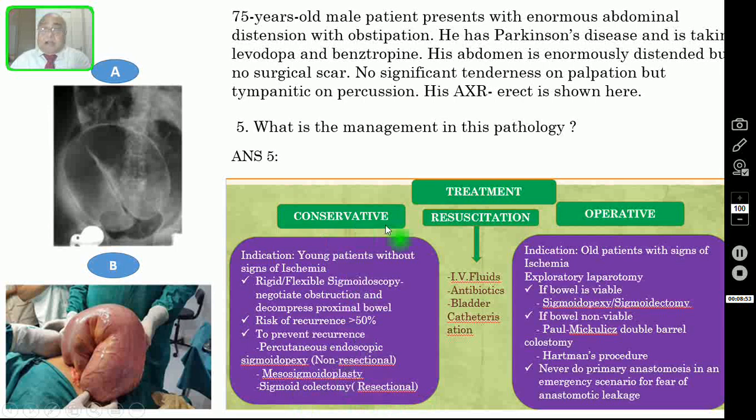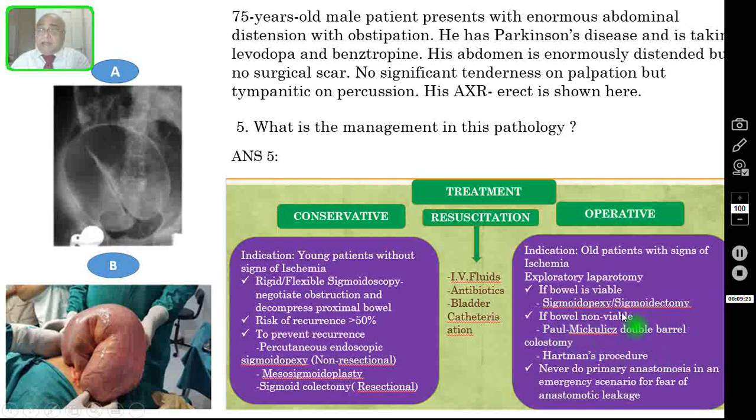Or you can do operative procedure if your patient is an elderly patient with signs of ischemia. You must do exploratory laparotomy. If the bowel is viable, still you can go for sigmoidopexy or you can go for sigmoidectomy. If bowel is non-viable, there is no question of sigmoidopexy, you must do only sigmoidectomy.